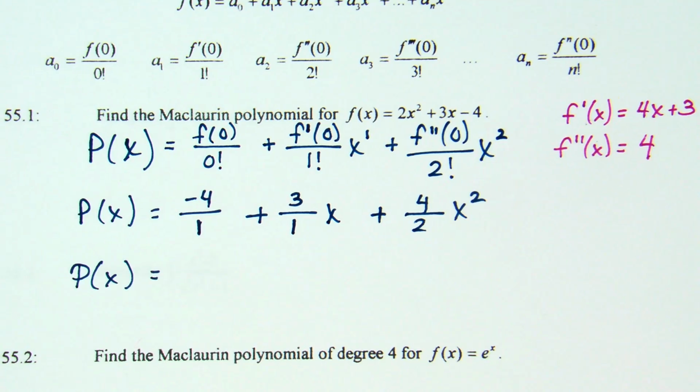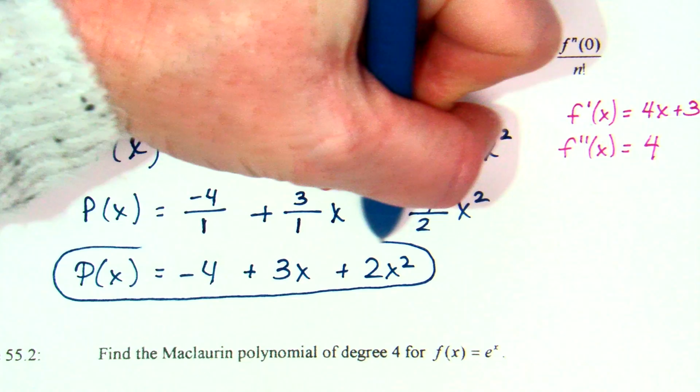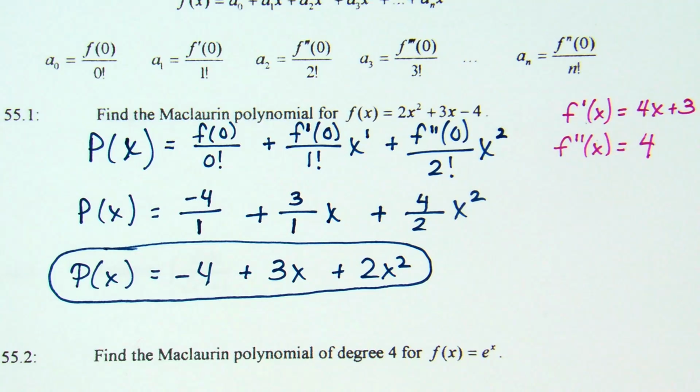Now, it is the original because the original was a polynomial. If you look at this, f of x equals 2x squared plus 3x minus 4, this is a polynomial. When you get down to examples 2 and 3, which are e to the x and cosine x, they're no longer polynomials. So anytime you're given a polynomial, if you do the right steps, it should work out to be the same polynomial.